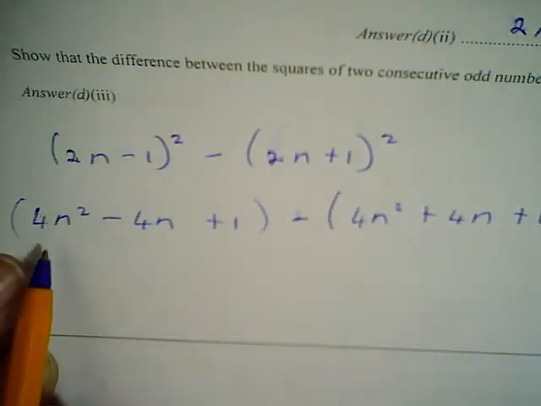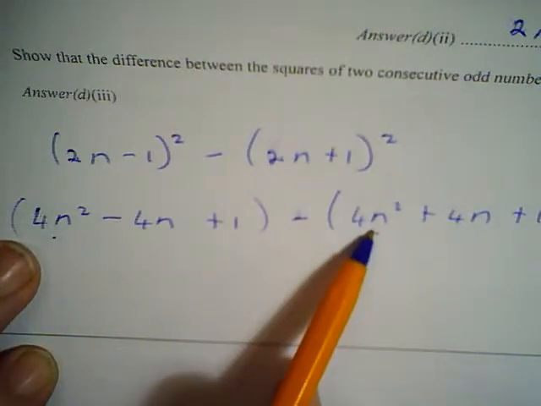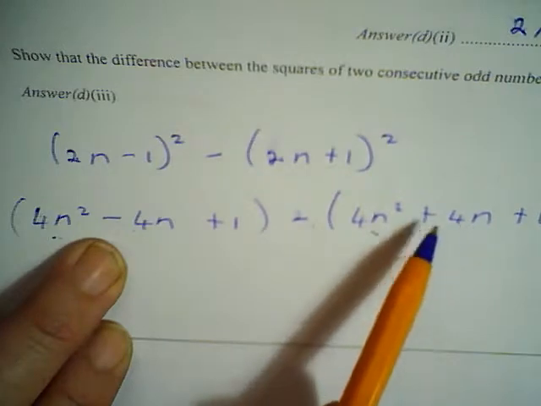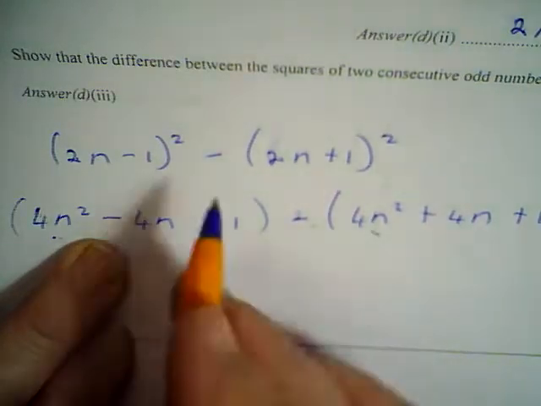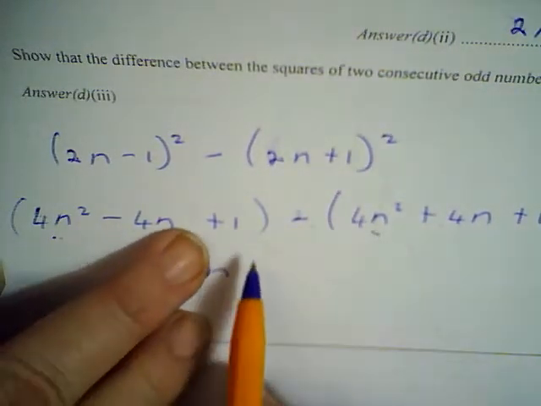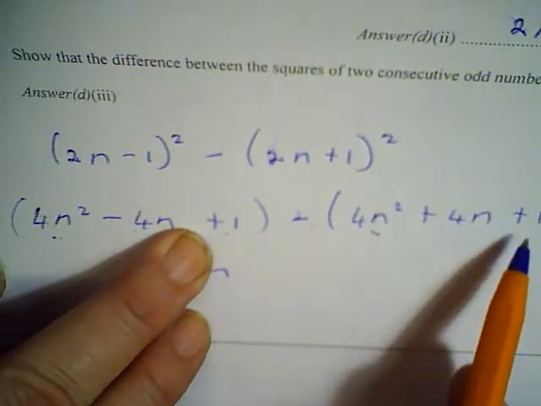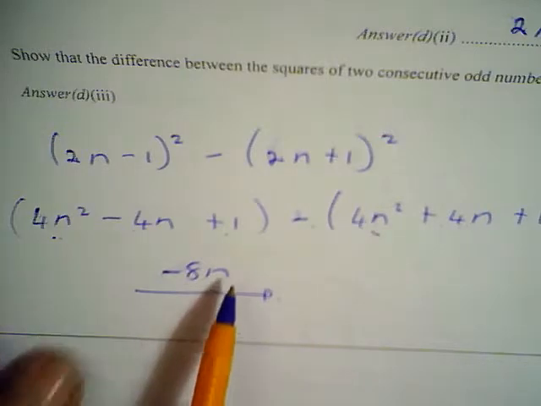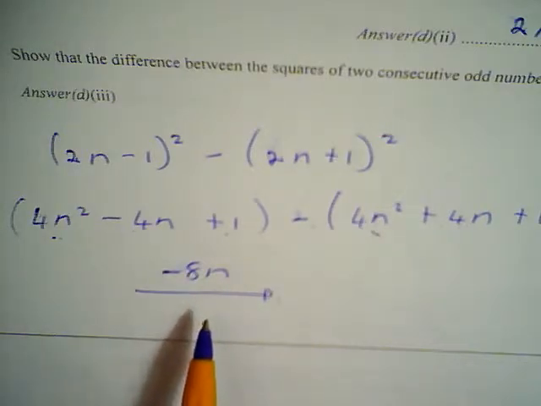And we can subtract the two. 4n squared minus 4n squared will disappear. Negative 4n minus positive 4n would give me negative 8n. 1 minus 1 would give me 0.